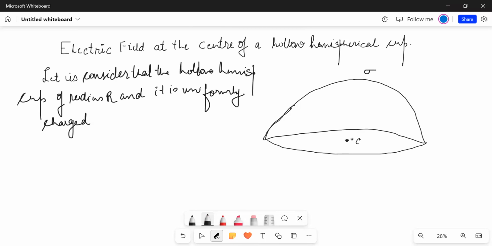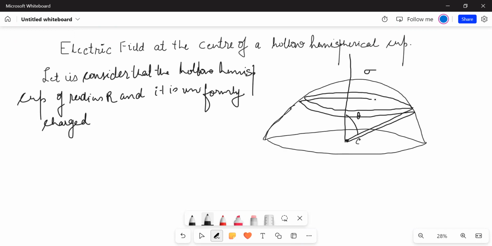So how to go about these questions? What I'll do now, I'm going to take a very small differential element. So let us say I am at angle theta, and here it is d theta.